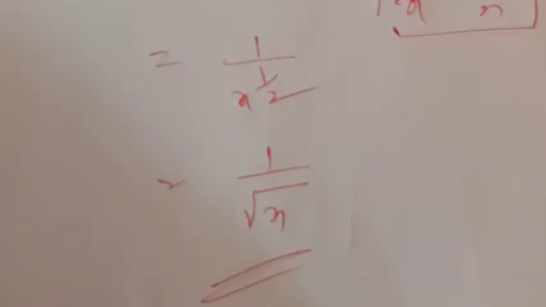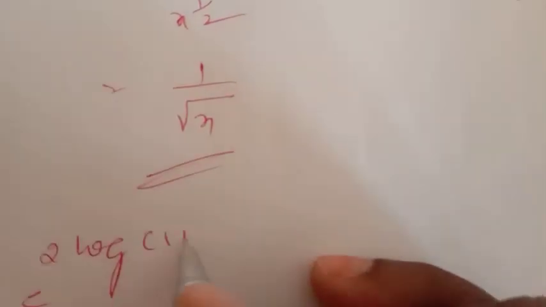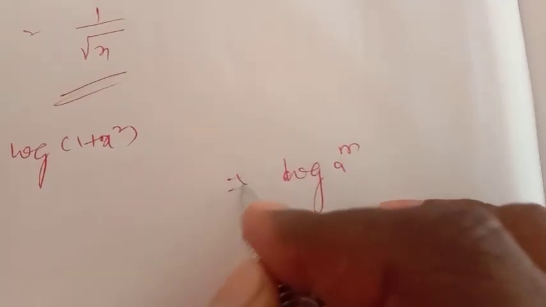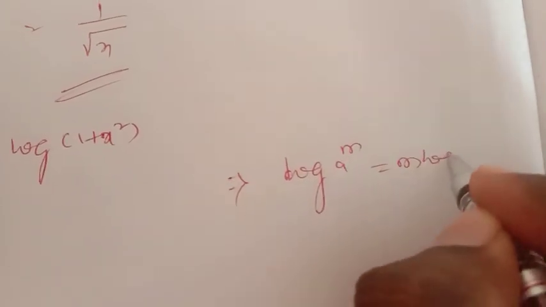And next one, e to the power of 2 log 1 plus x square. Same formula: we have log a to the power of m equals m log a.